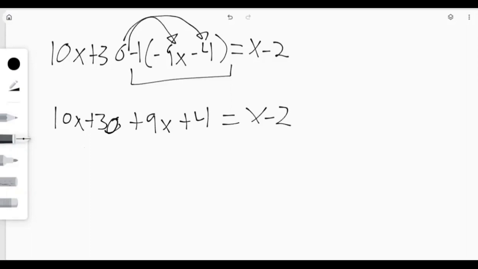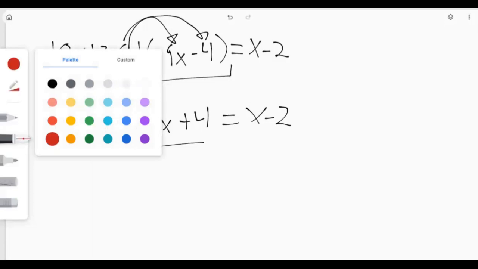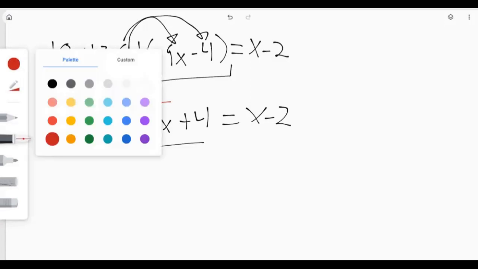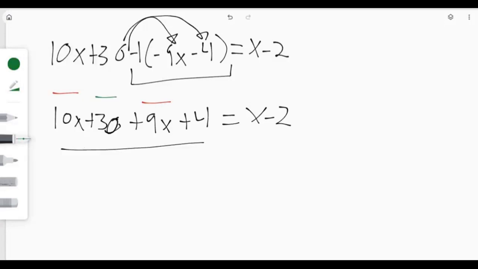Since this is all addition over here, we can use the commutative property of addition. Let's add our like terms. If we change our color here, we'll go with red. You can see, put our line over there and our line up there, and those are both terms that we can use together.